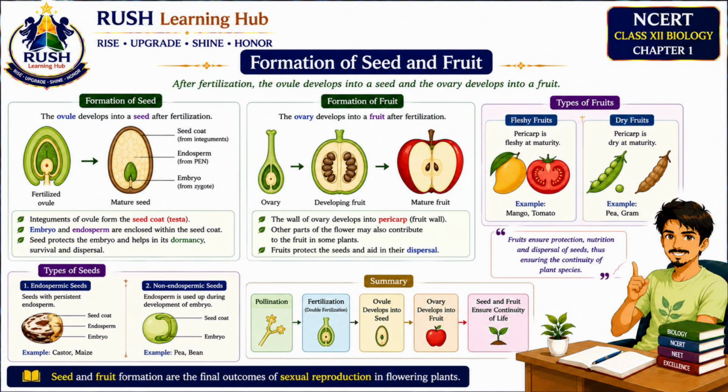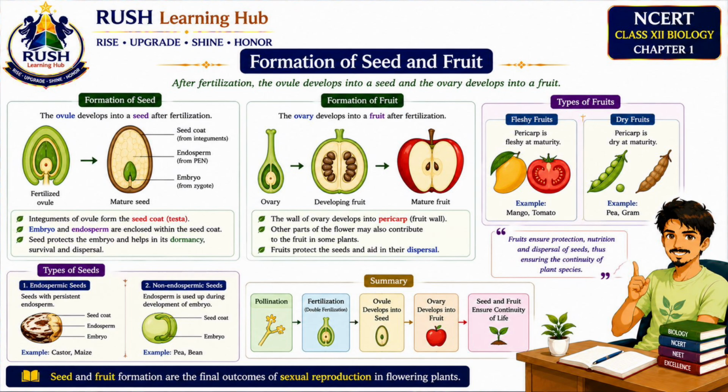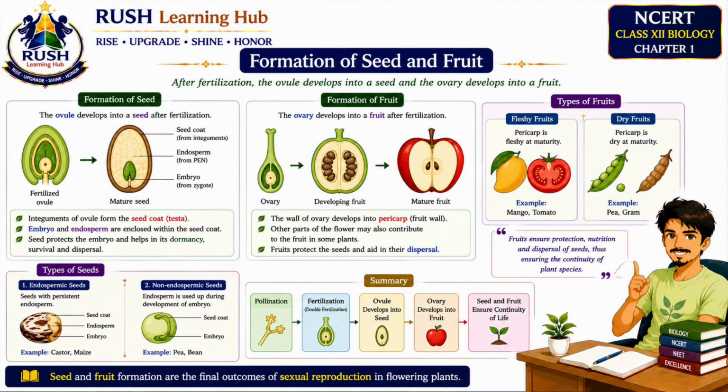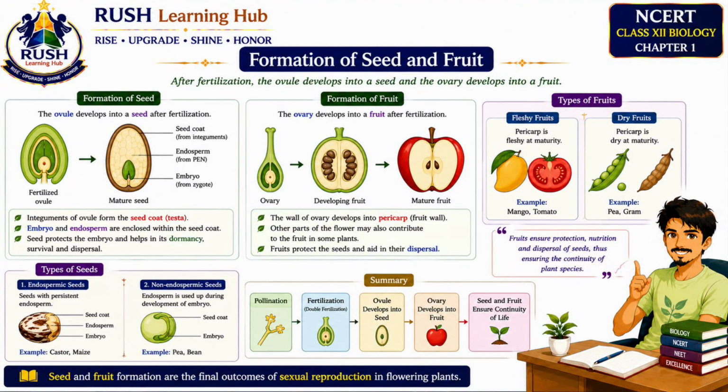After fertilization, remarkable changes take place in the flower, leading to the formation of a seed and fruit. The ovule develops into a seed, while the ovary develops into a fruit. The wall of the ovary transforms into the fruit wall, known as the pericarp. The pericarp may be fleshy, as seen in fruits like mango and tomato, or dry, as seen in pea and gram.